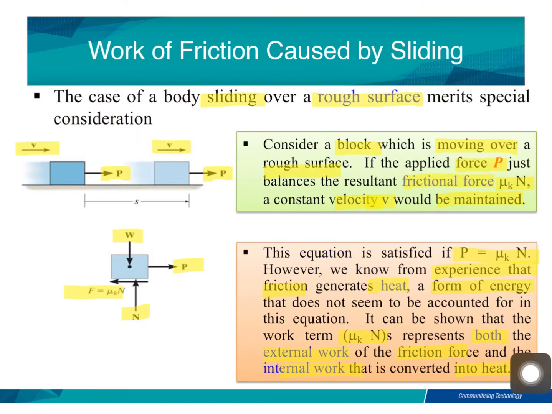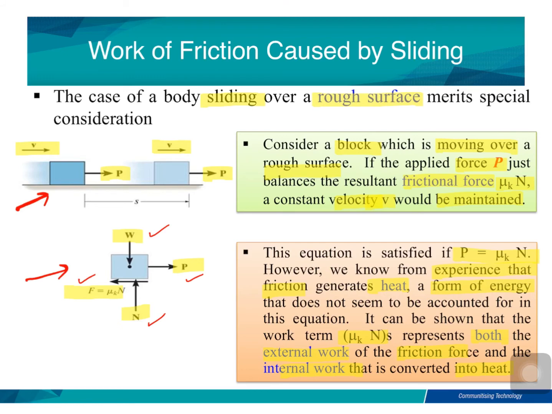Okay, next we have the work of friction caused by sliding. In the case of a body sliding over a rough surface, we are going to have friction. Based on this figure, let's say we have a block that slides on the rough surface. Here we sketch the free body diagram. We have the W, and then we have the P, the applied force, and also the normal force, and here we have the friction force.